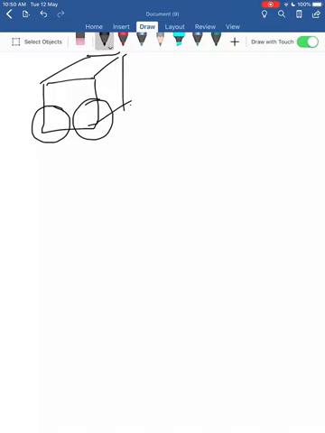If I am taking the edge length of this cube as A, and the radius of each sphere as R, then see what is the relationship between R and A. Since the edge length is A, and A is from the center of this sphere to the center of this sphere, that A is equal to the radius of this sphere R plus the radius of this sphere R, so A is equal to 2R.